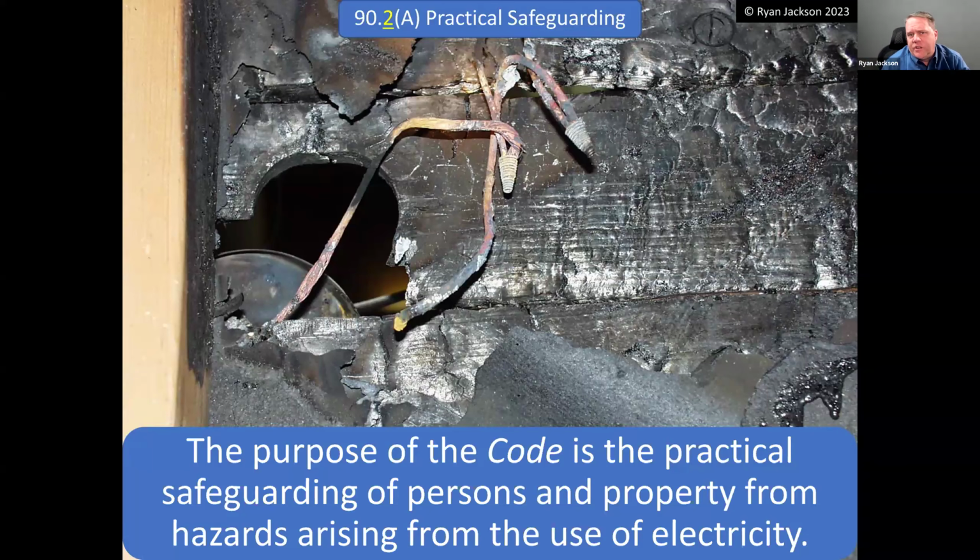But what was really interesting about this is that this was a low voltage lighting fire. And quite frankly, the fire marshal couldn't believe his eyes, and that's why he called me. He said, "I didn't think this was really possible." And it is possible. So that kind of thing is why the code exists, right? The prevention of electric shock and the prevention of fire.